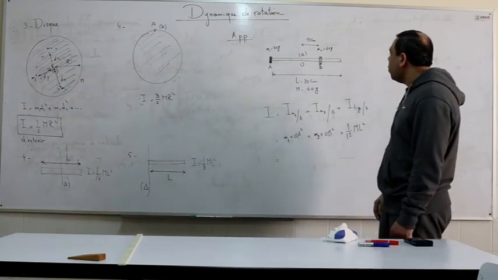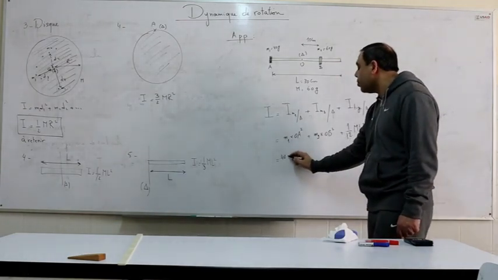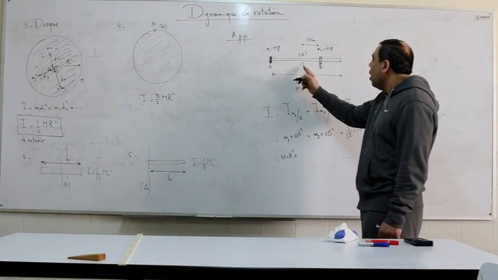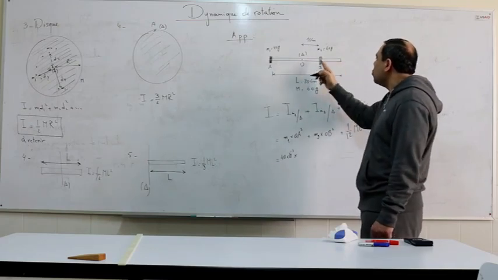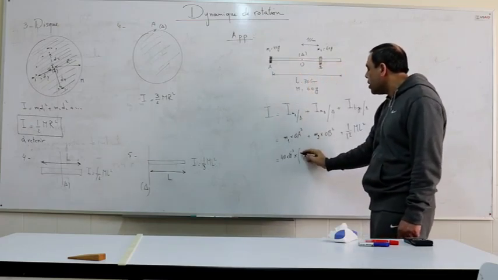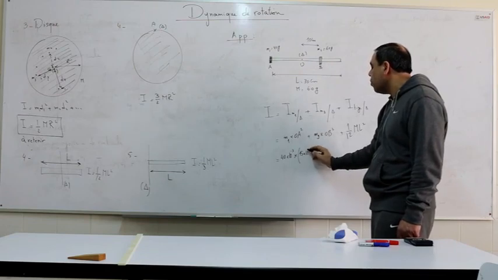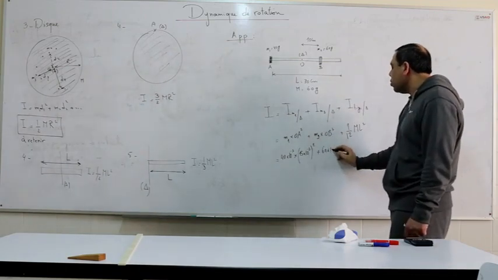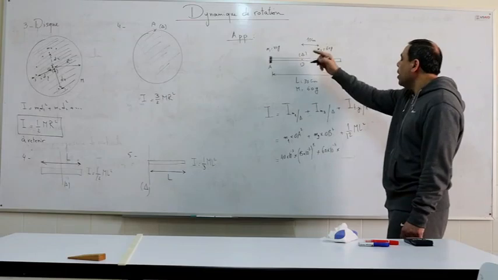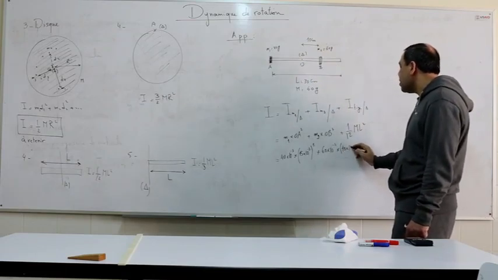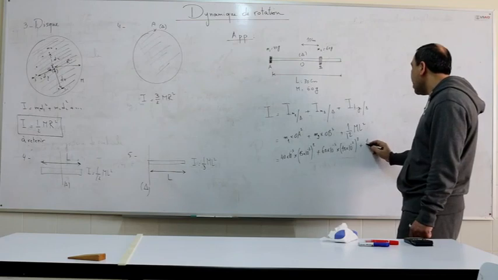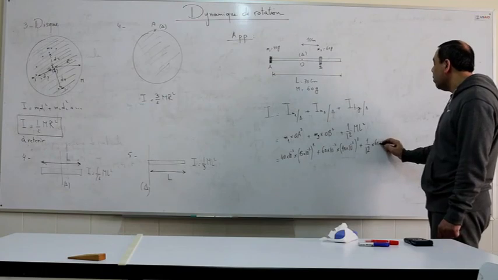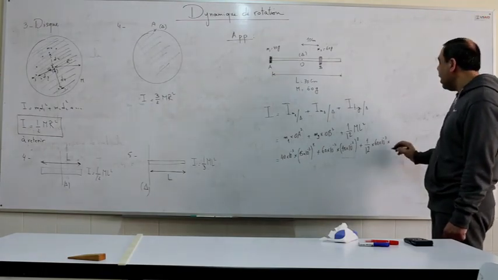We then replace each quantity by its value. We get 40 times 10 exponent negative 3 times OA, which is the midpoint of the rod, so we write 15 times 10 exponent negative 2 squared, plus 60 times 10 exponent negative 3 times 10 exponent negative 2 squared, plus 1 over 12 times 60 times 10 exponent negative 3 times 30 times 10 exponent negative 2 squared.